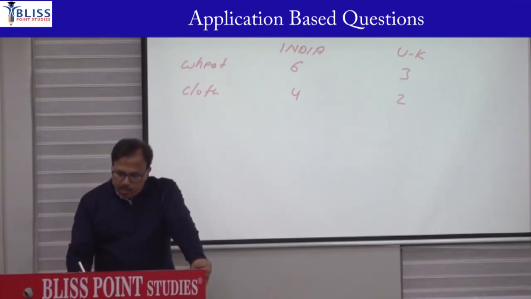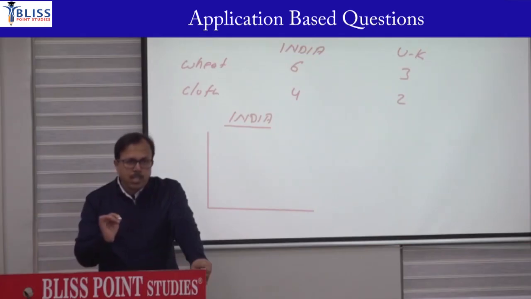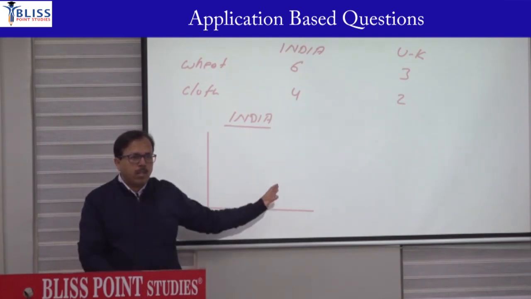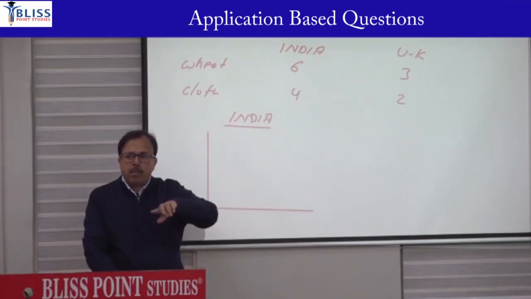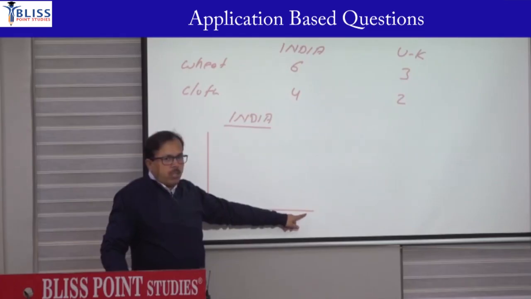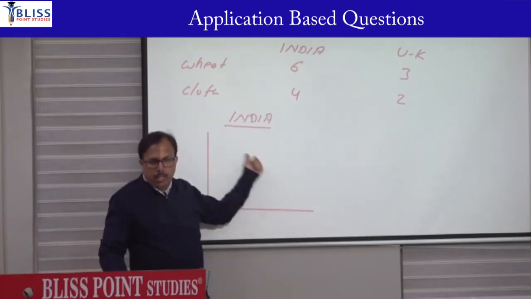कुछ नहीं करना है, just first of all draw PPC for India. So what are the options available for India? India can produce, देखो आप कोई भी प्रोडक्ट X axis पे ले सकते हो, you can take any product, but just make a habit whatever is written first take it on the x axis. आप अपोजिट करोगे तो भी आंसर आपका वही आएगा. तो बट हम पहला प्रोडक्ट यू आर राइटिंग हियर wheat and then cloth.